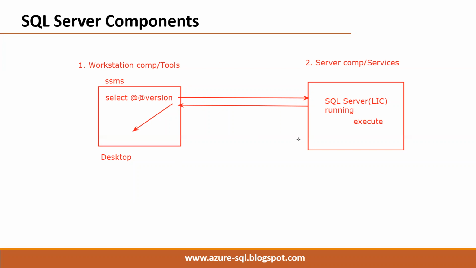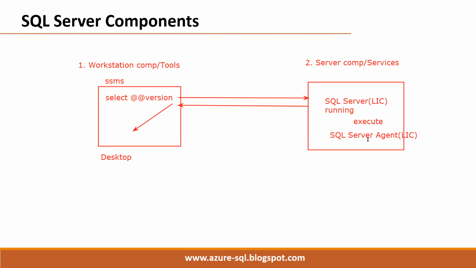One more service is the SQL Server Agent service. Agent is basically for automation. Automation means whenever we are scheduling any jobs, or implementing automation like log shipping, replication, jobs, alerts, all those automation features are implemented by which service?